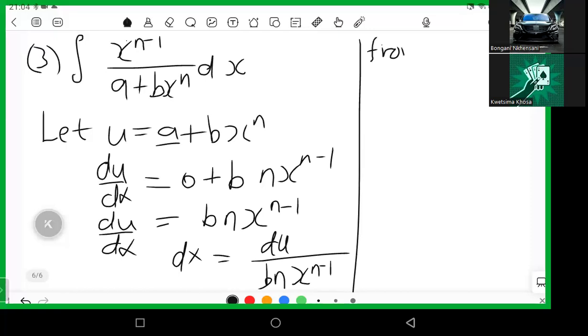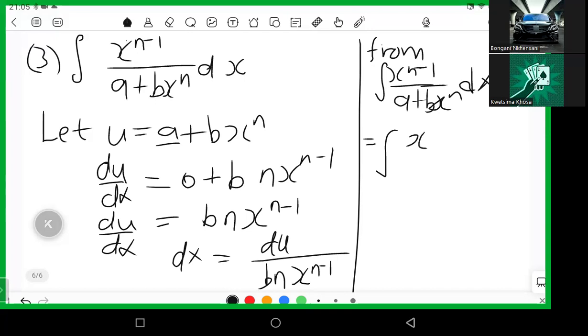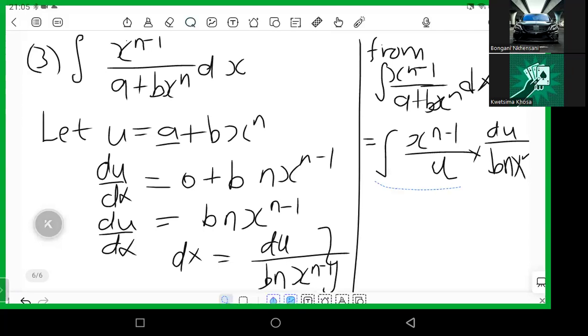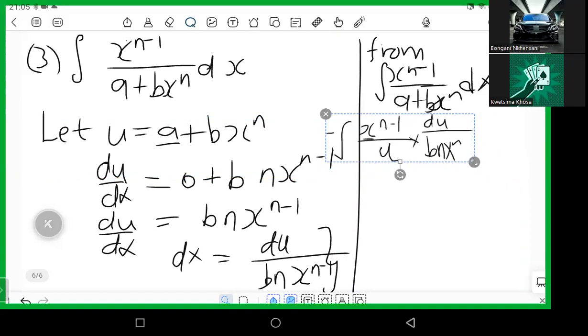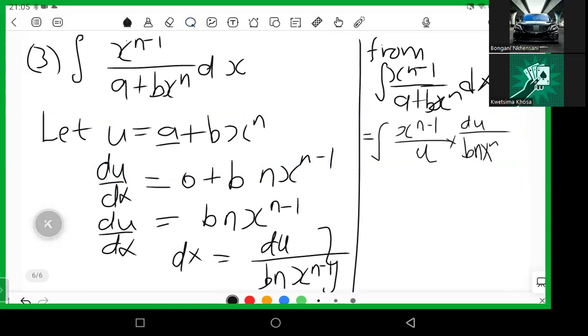Then from the integral of x to exponent n minus 1 over a plus bx to exponent n dx, this will be the integral of, and this one we say is u, and then dx is du over bn x to exponent n minus 1.